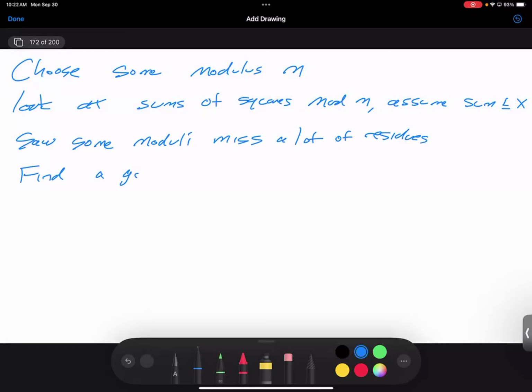Find a good, or if you want, you could call it bad, modulus where you miss a lot of residues.